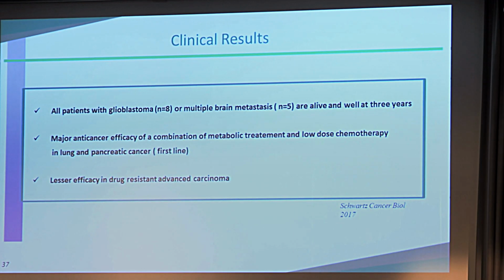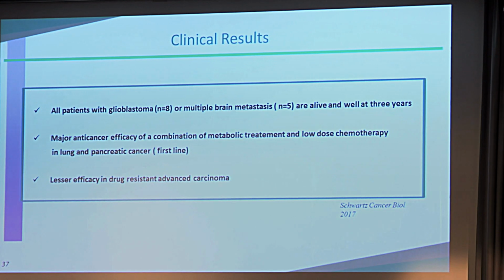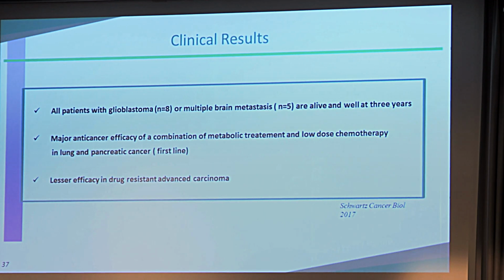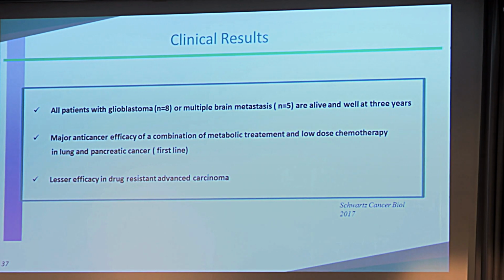So this is a paper I published close to a year ago. We have dramatic results in glioblastoma. We have dramatic results in brain mets. These and in patients with early stage 4 lung cancer and pancreatic cancer, but early in their history.